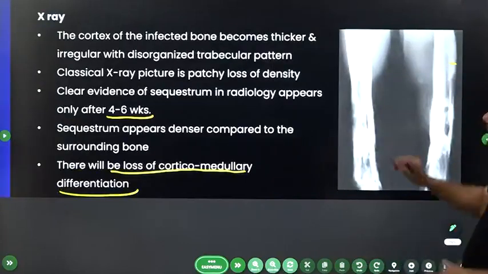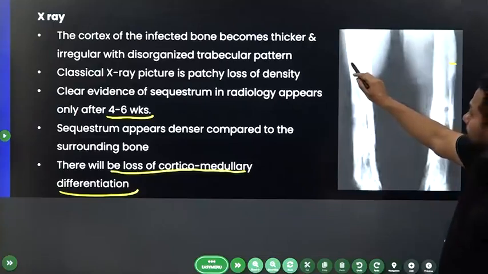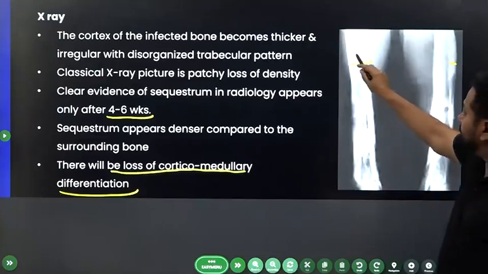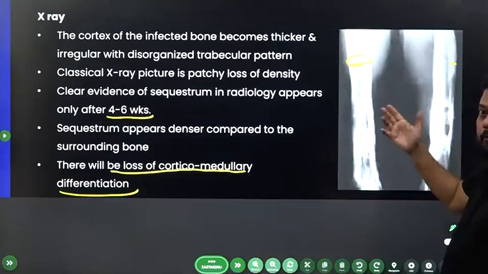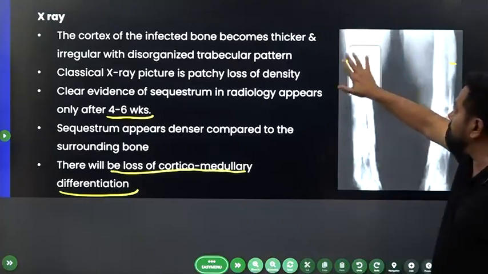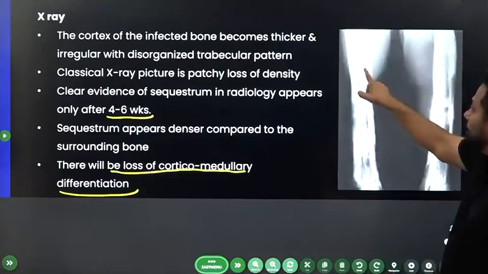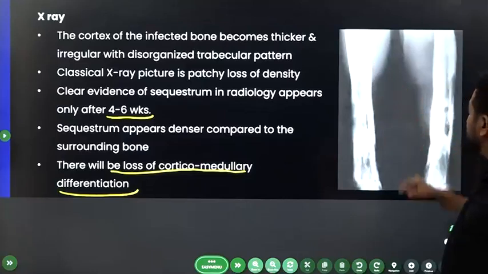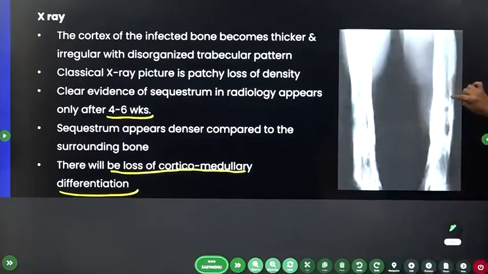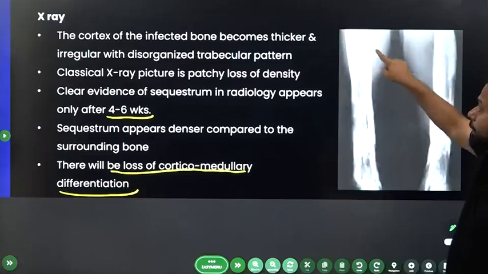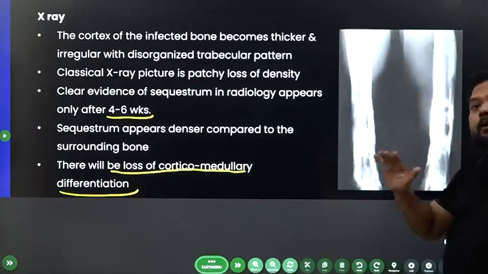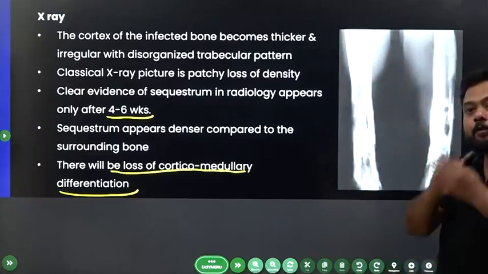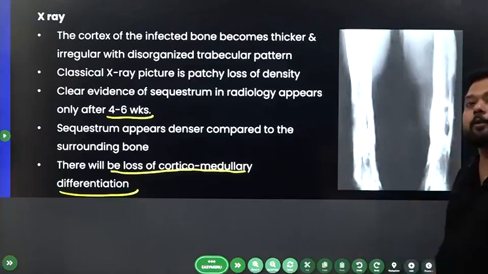In this area, I am not able to see which is cortex and which is medulla. Everything looks the same. So this is called loss of corticomedullary differentiation. Here you are able to see the medullary canal; here you are not. The only diagnosis in the whole world: chronic osteomyelitis.